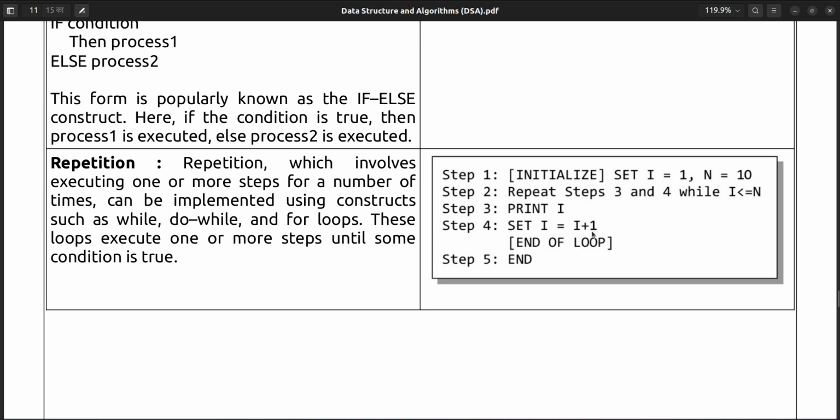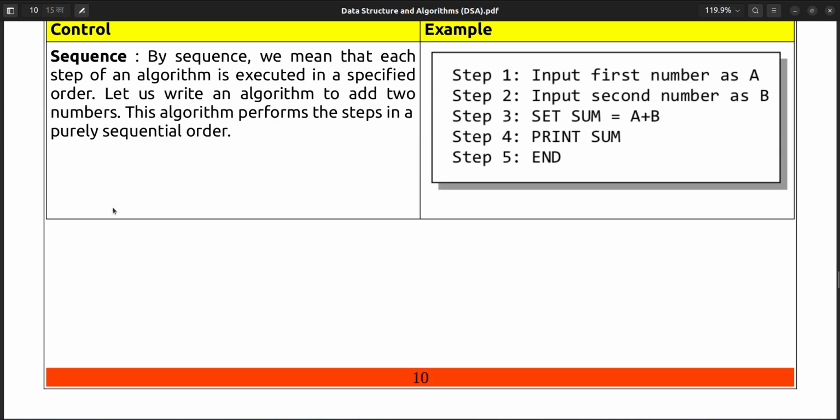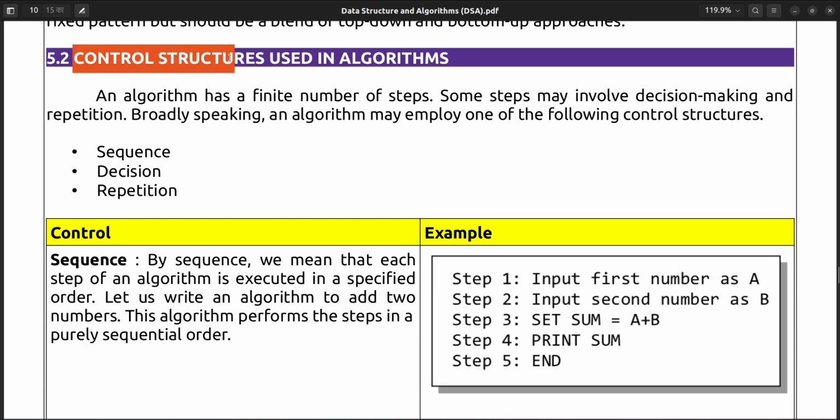So print I, and I equals I plus 1, and end of loop. Automatically it will end the loop, and then it ends the algorithm. That's it. So this is called repetition. So these are the control structures used in algorithms.